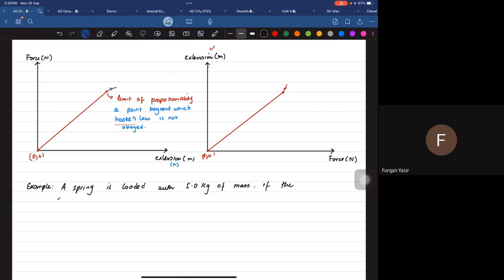If the extension is 2.0 millimeters, calculate the spring constant. Can you guys please help me do this?